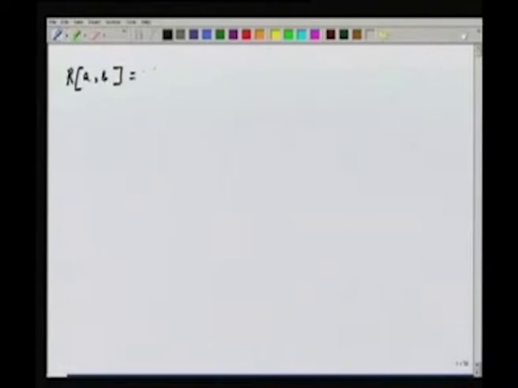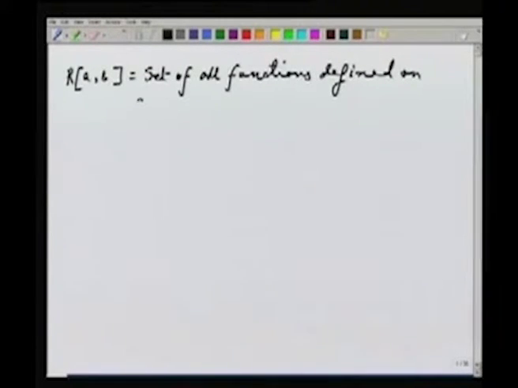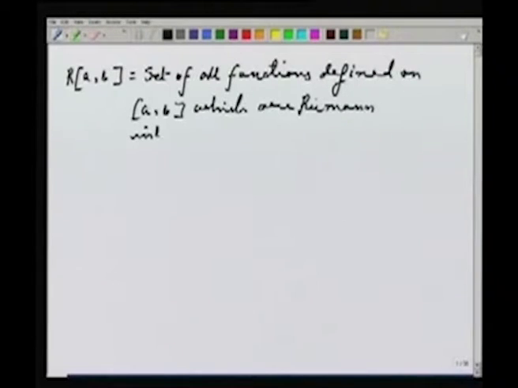This is the set of all functions defined on the closed interval [a,b] which are Riemann integrable. So in mathematical symbols, we want to know how large R[a,b] is.